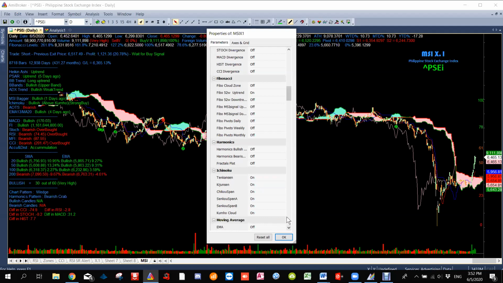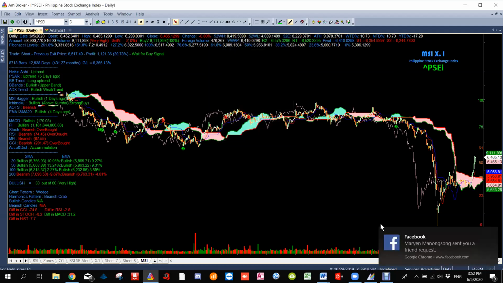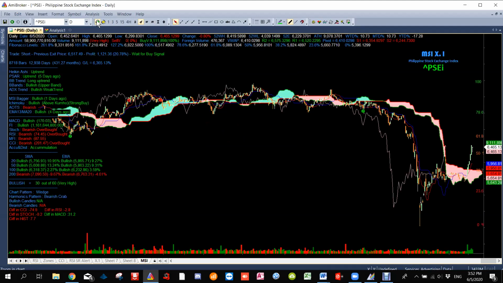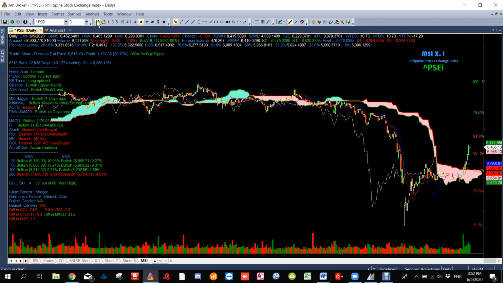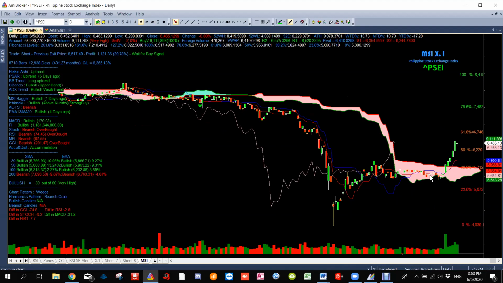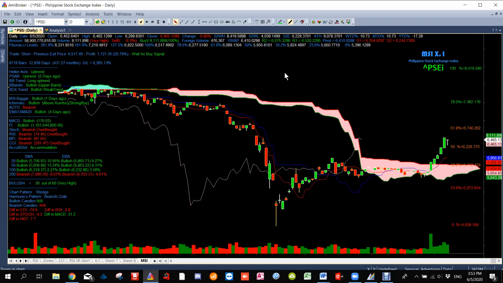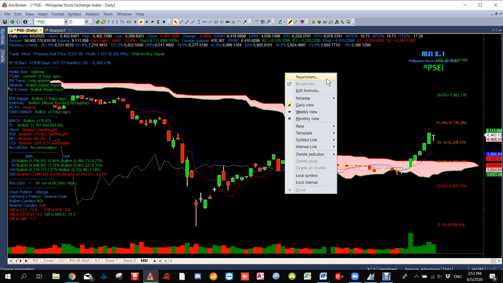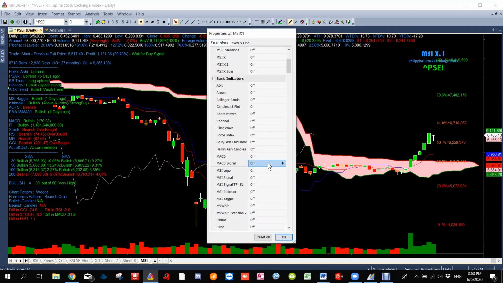Okay, so this is our sample. Okay, the Ichimoku, as you can see in our parameters, has the Tenkan-sen, the Kijun-sen.